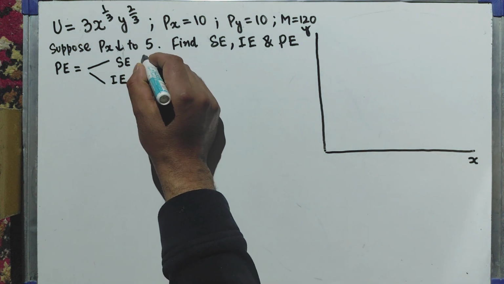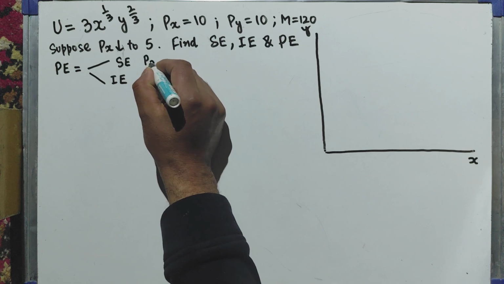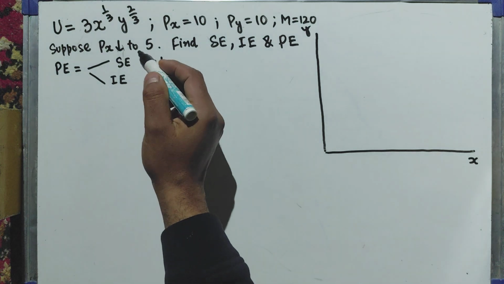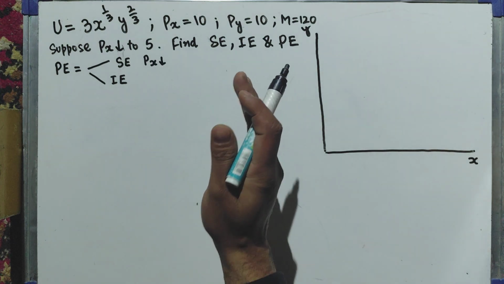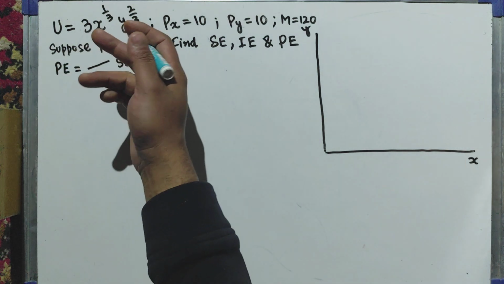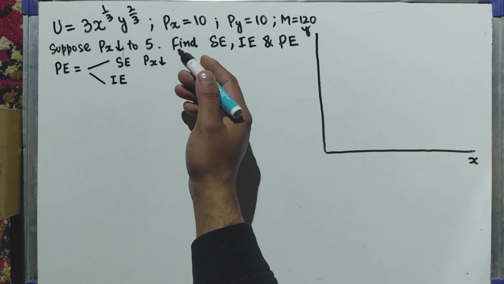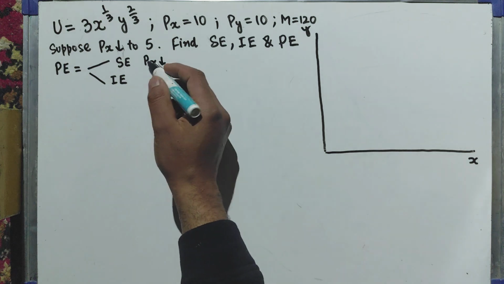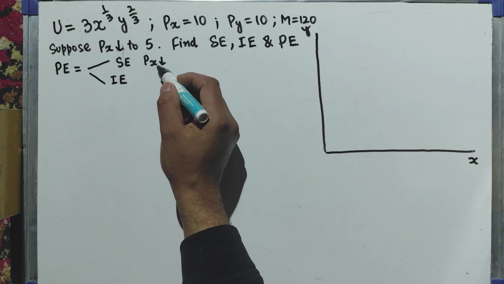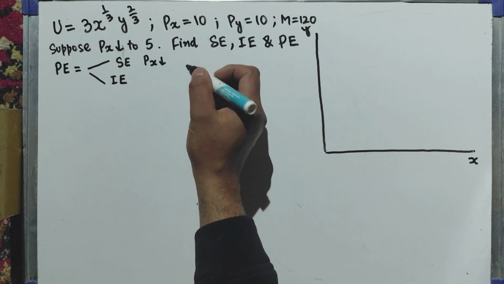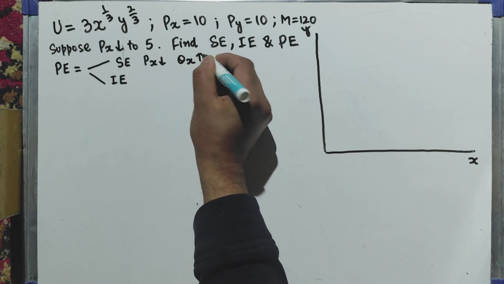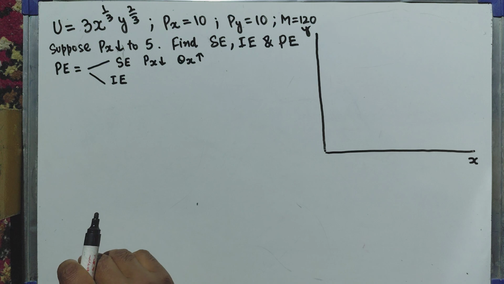If the price of X decreases, good X becomes relatively cheaper compared to other goods, that is Y here. When it becomes cheaper, it will be consumed more. So since price of good X has decreased, quantity demanded of good X will increase. This is what we call the substitution effect.